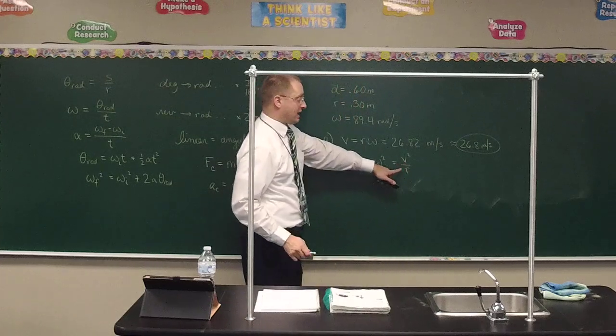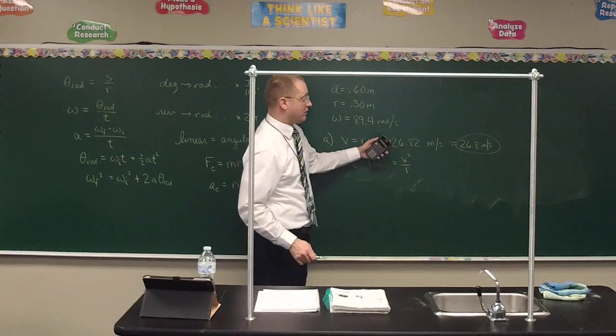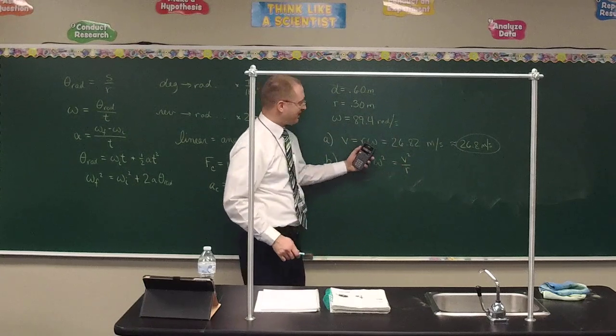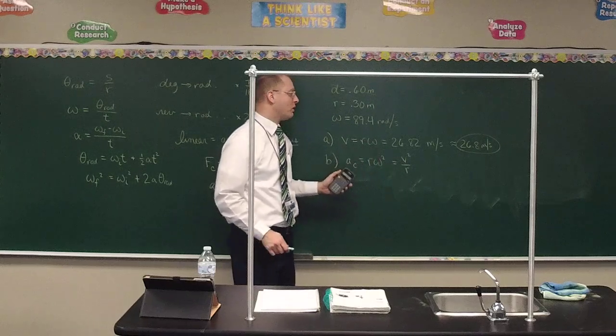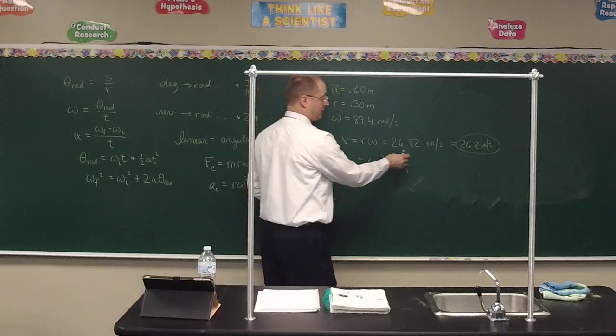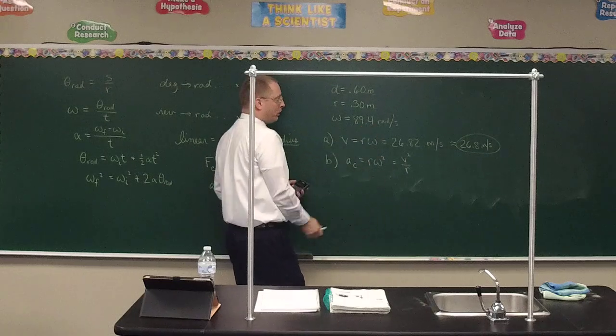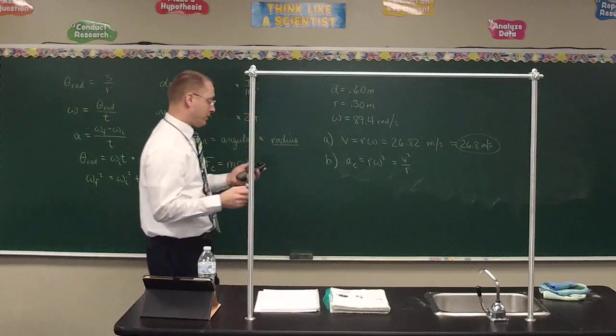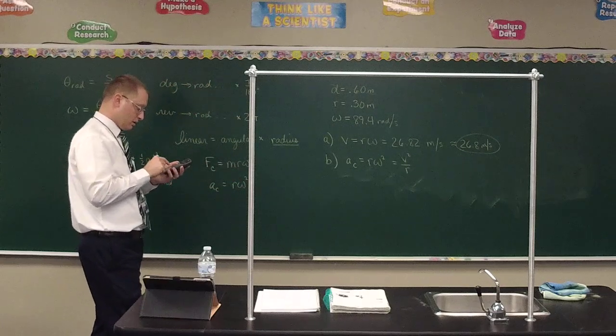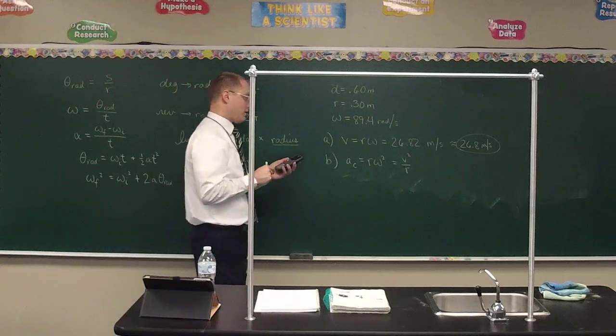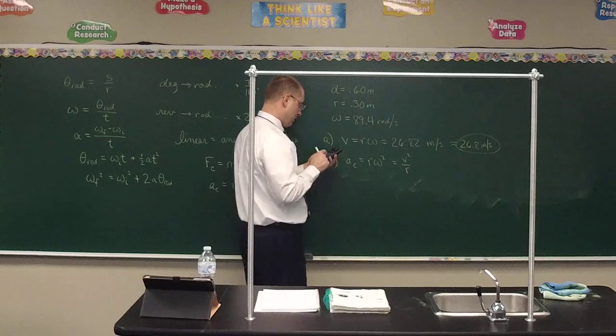Now, the downside of this is you rely upon having done this correctly. I'm not real likely to screw that up. Okay, so I'd probably get it right. Or we could say, forget this one, we can go with R omega squared now instead of V squared over R. Either one would work, but R omega squared means I square the omega, and then multiply that answer by the R, which is 0.3.